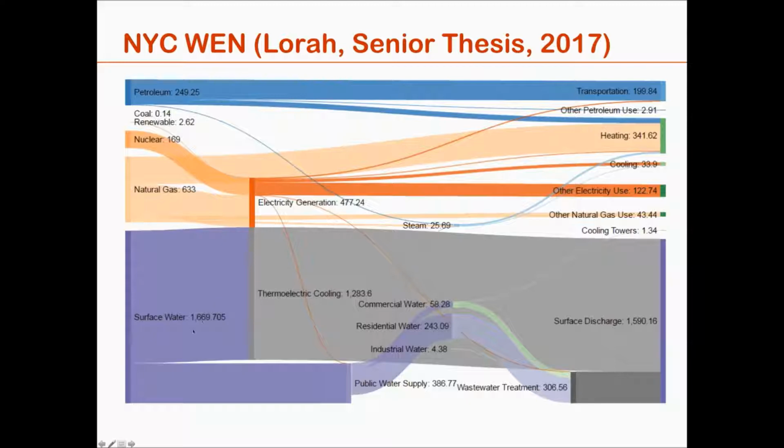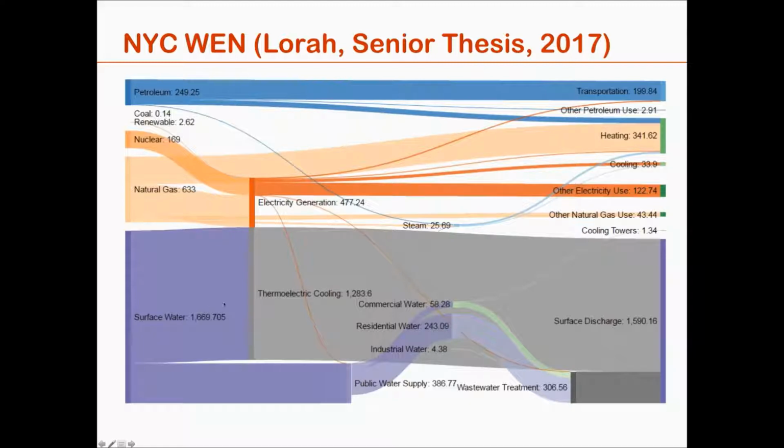You see, for example, that if this is the total water use of New York, this is municipal water that we clean, and actually in New York we don't clean it, but we pump it into buildings. And you see that the surface water abstraction that goes into thermoelectric cooling of power plants is almost 4 times larger than the municipal water use.